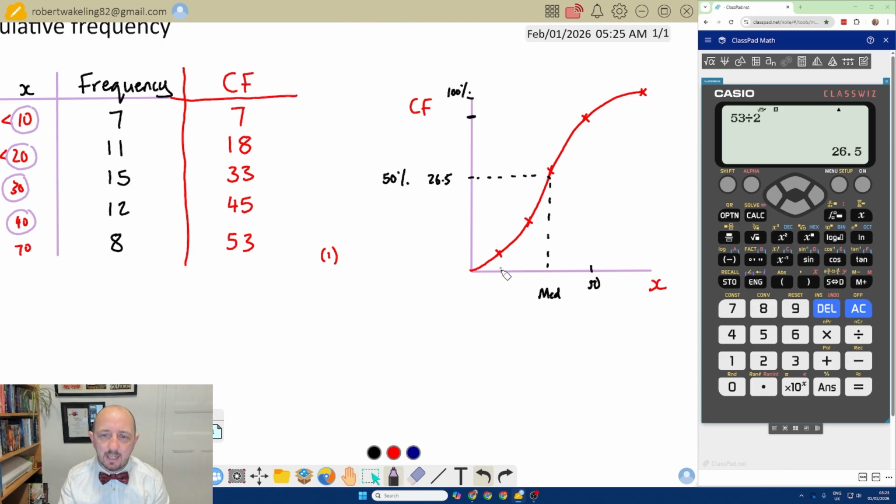So 10 and then 7 for the first row, 20 and then 18 up here. Okay, don't do the middle value when you're plotting the graph. That's a common thing that students do incorrectly. We want the upper bound or the highest value in this group.